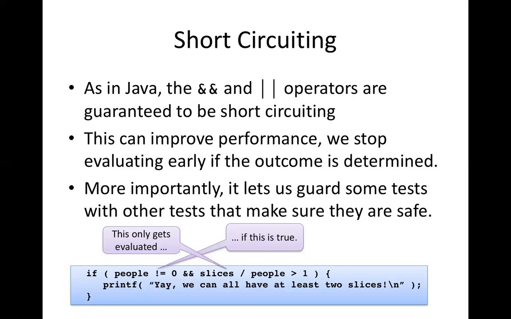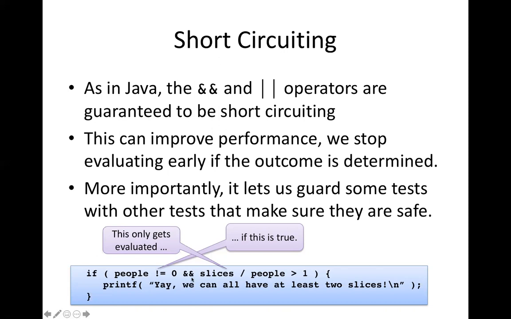And that's what I'm showing down here at the bottom. Here, I'm pretending you have a number of people and a number of pizza slices, and you're trying to decide if there are enough slices for everyone to get at least one slice. And one way to do that is just to divide the number of slices by the number of people. And that works great unless there are 0 people, in which case that would be a divide by 0. And you wouldn't want to do that because that would crash your program.